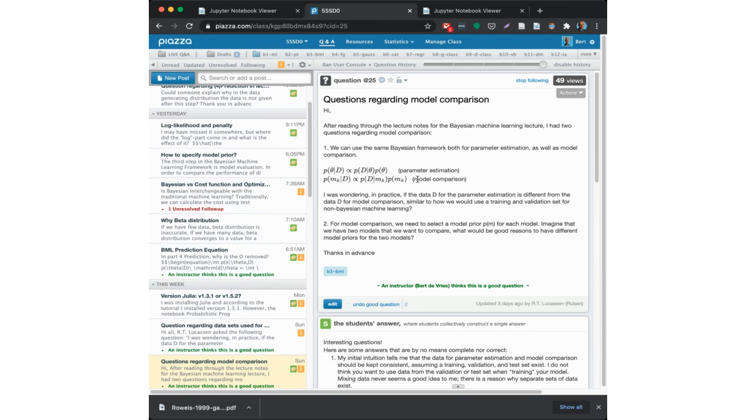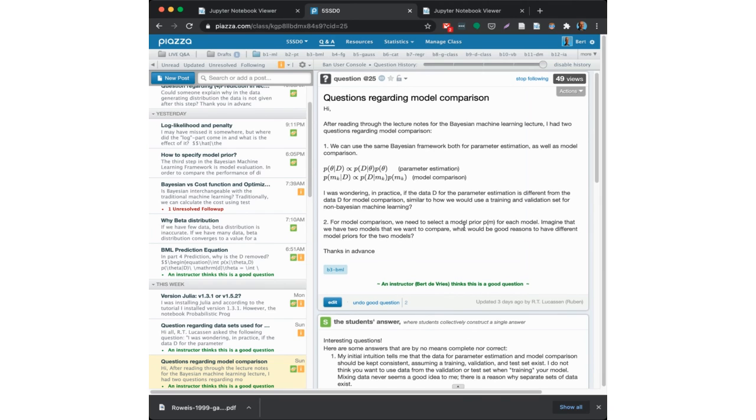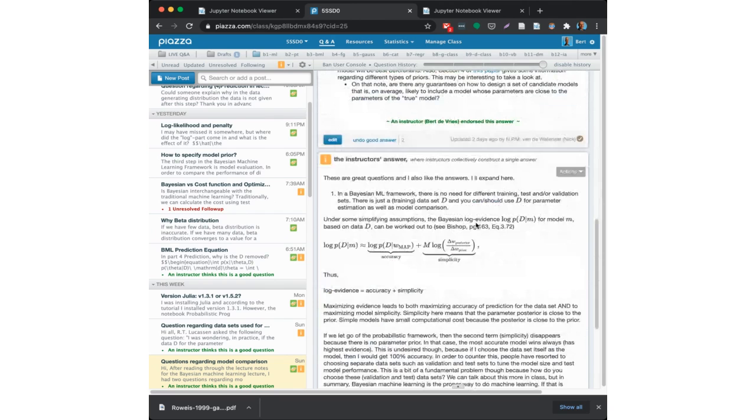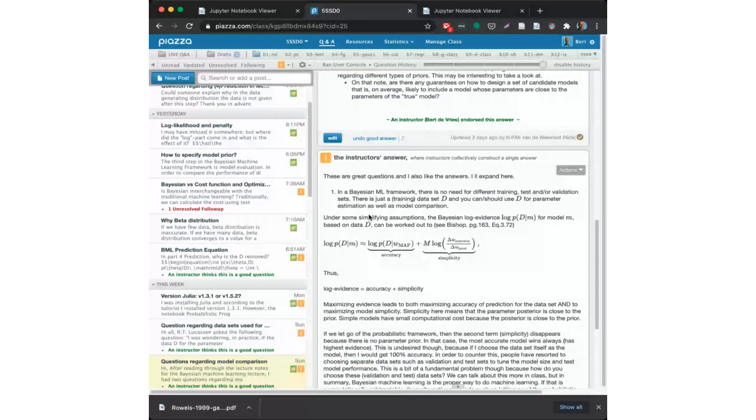It turns out, and I hope to have done that. Have I done this here or here? Okay. So if you would read on a little bit in Bishop, you'll see that the evidence, the Bayesian evidence, consists of accuracy.